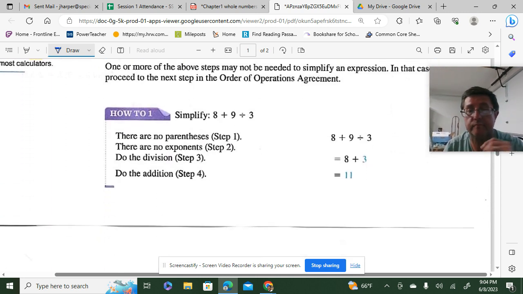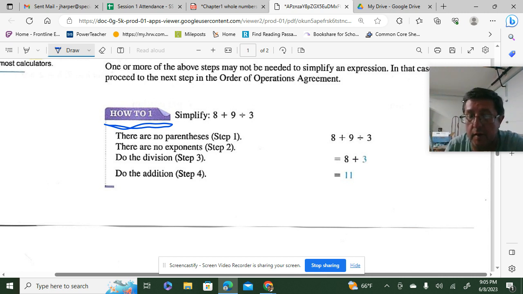So, number 1. We're going to look at this first, and we're going to say there is no parentheses, so we don't do parentheses. There's no exponents. So then we look for multiply. There's no multiply. Then we look for divide.